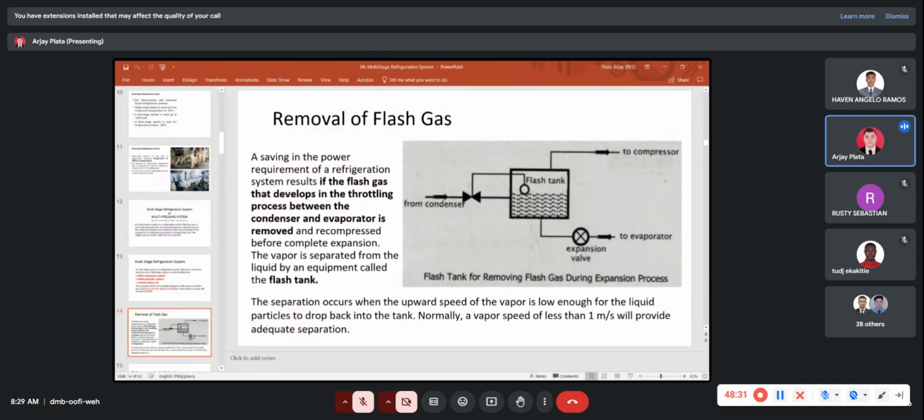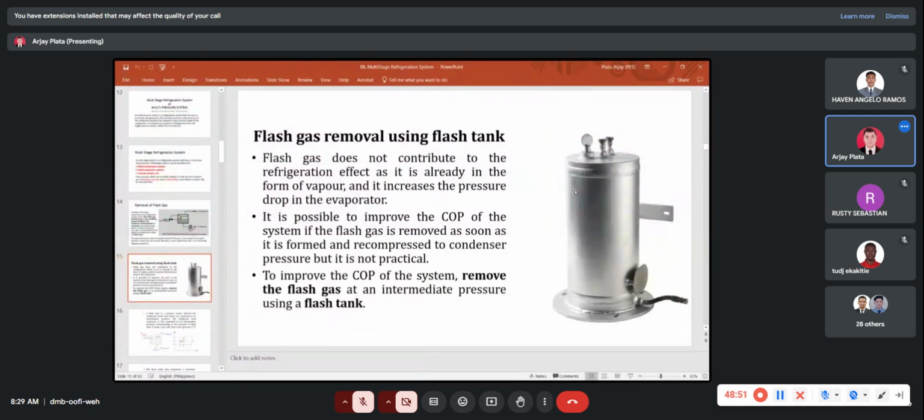So if we remove the flash gas, the efficiency of the refrigeration system will increase. So flash gas removal using a flash tank. This is the flash tank, commercially available.